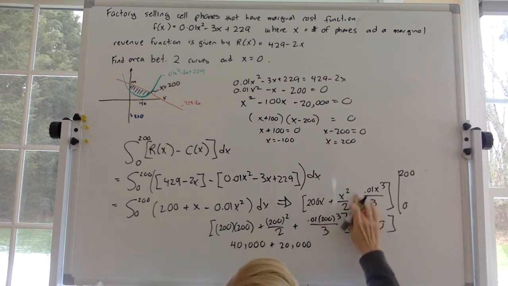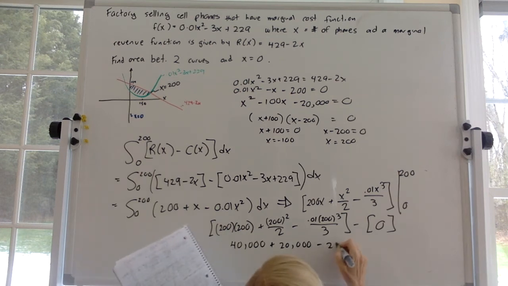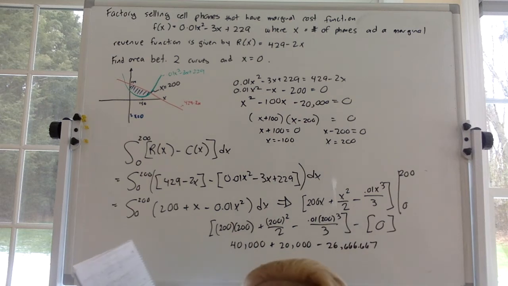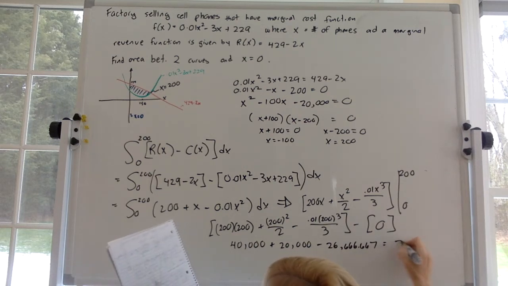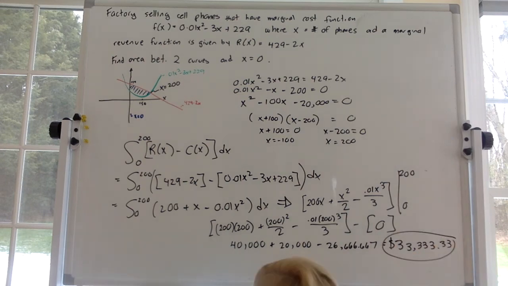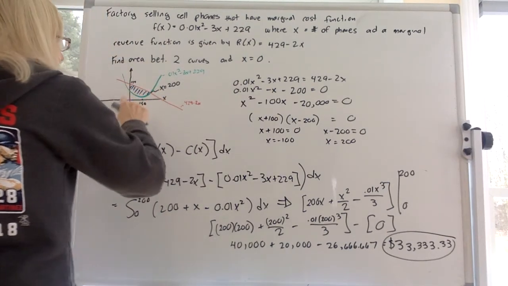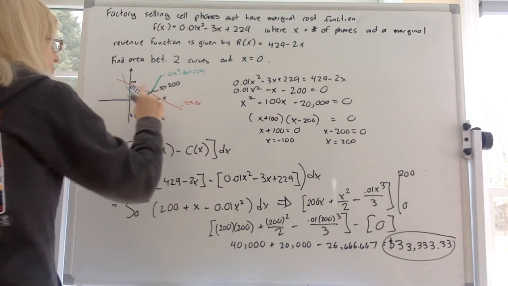Oh, I made a mistake. There should be a minus here, you guys. Minus 26,666.667. So I ended up getting approximately 33,333.33. So that represents the area between those two curves in x going from 0 to 200.